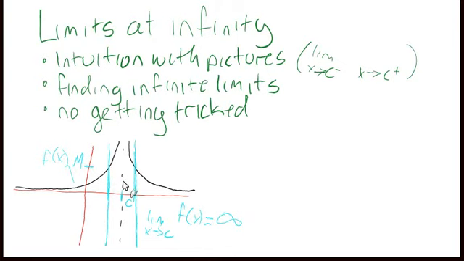And what we're saying is, if the limit as x approaches c of this function is infinity, what we're stating is that there are some boundaries, some distance away from c. And this distance, from here to here, and also from here to here, is going to be called delta. And this is also delta.